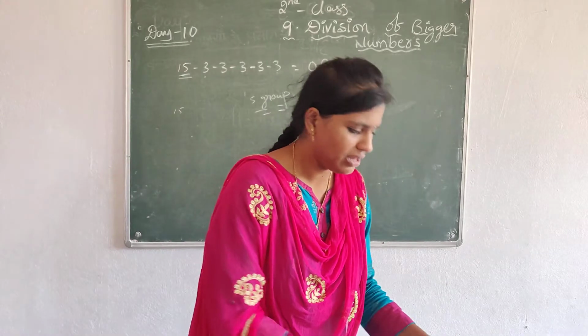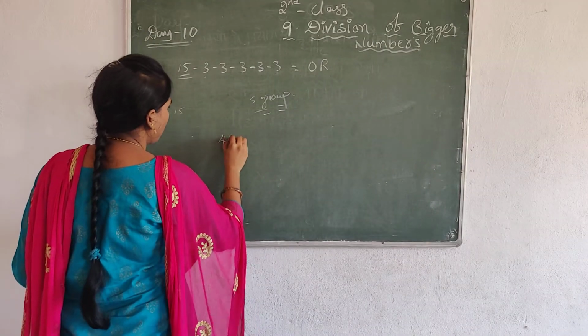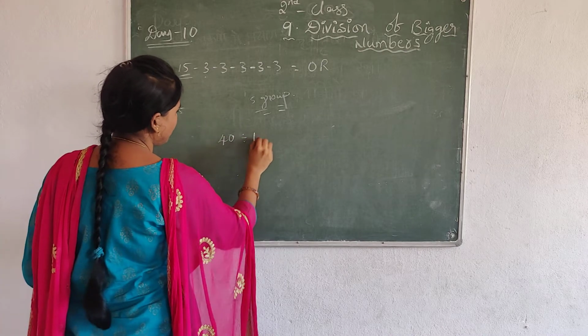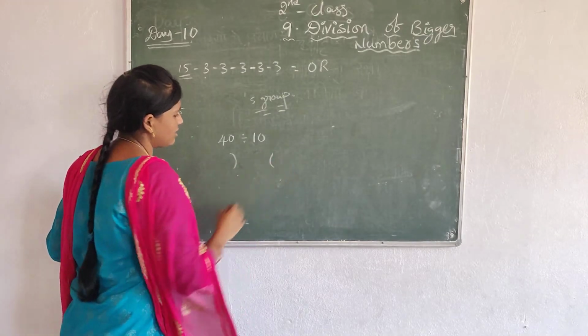For example, take the numbers 40 divided by 10. Let's take these two numbers and do the division.